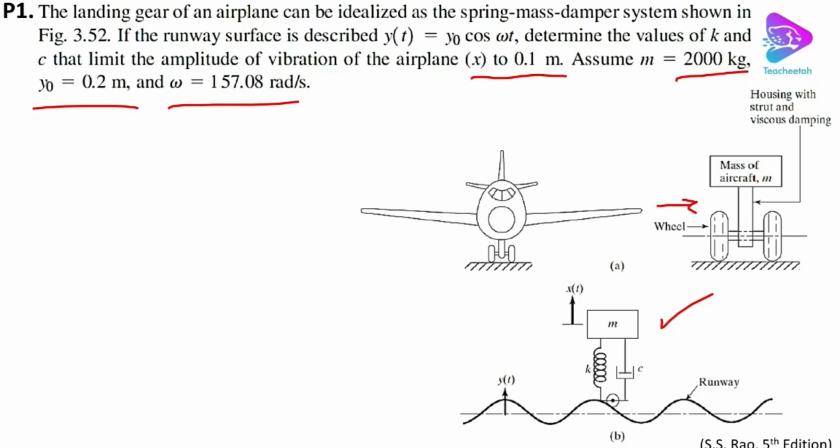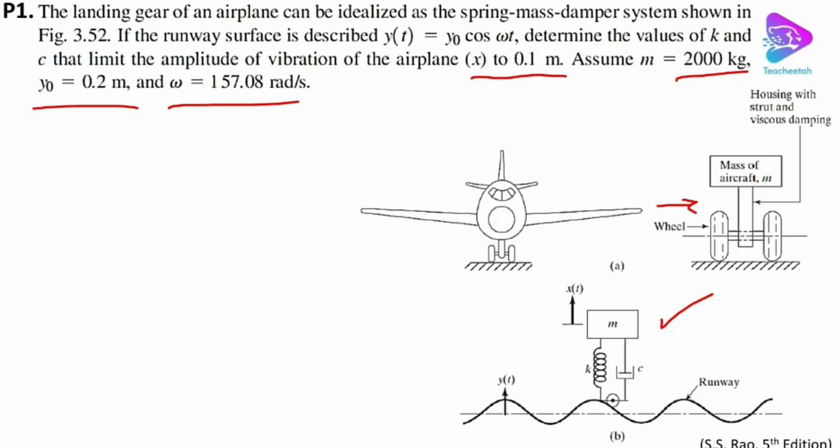So this is another type of problem you may have. It's a design problem. You need to design the properties of the landing gear, the stiffness and the damping constant, so that the vibration amplitude of the airplane is limited to 0.1 meter. These numbers are identified based on comfort and other components of the system.